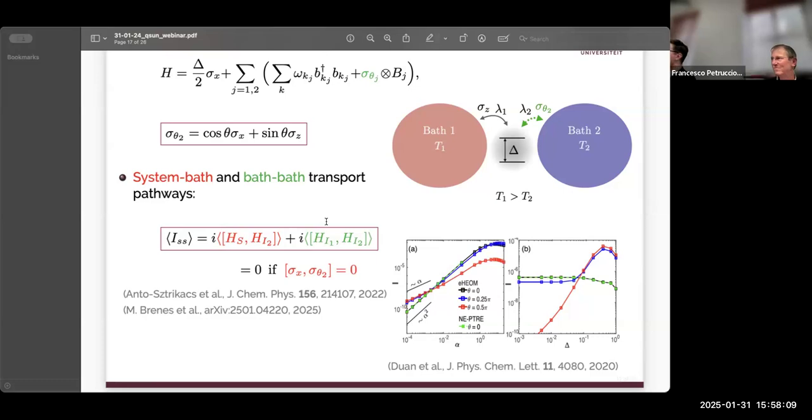In our model, because we have commuting operators, you don't have this bath transport pathway. It's purely system bath. So we get the same scaling as them, but the mechanism behind the scaling is the system bath transport pathway, whereas in this model, the scaling is attributed to a different type of mechanism.